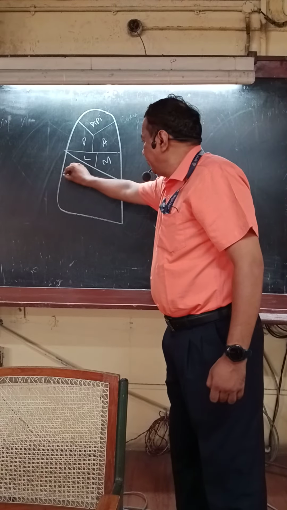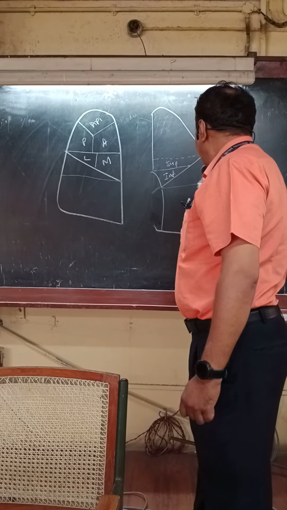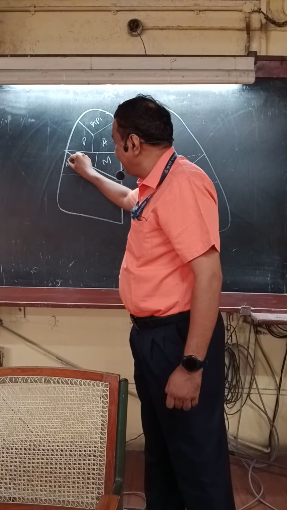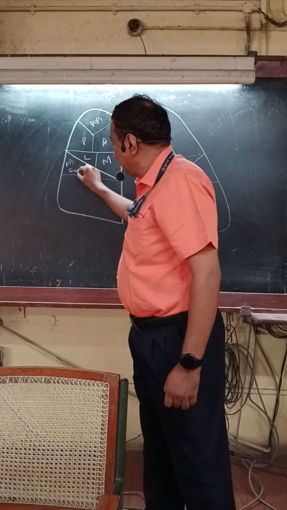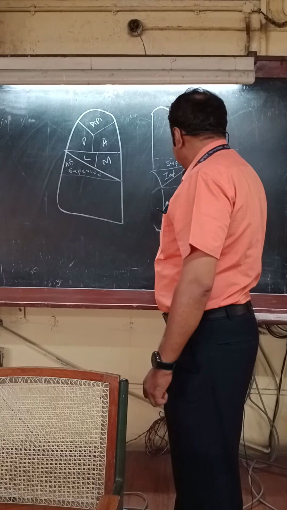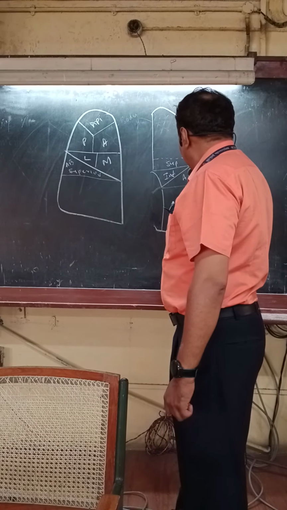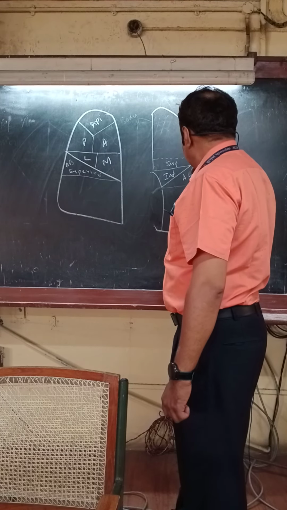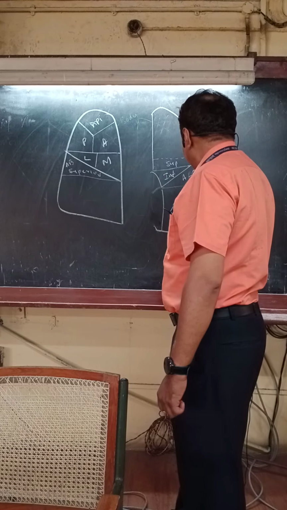Now the lower lobe also has an apical. This is sometimes called apical basal, sometimes called superior.